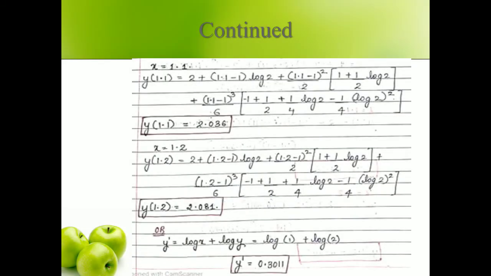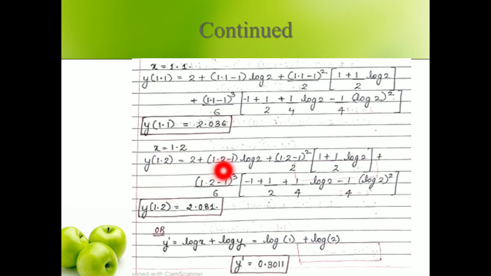Now substituting the value of x as 1.1, because they have told us to find y of 1.1 and y of 1.2. So x equal to 0.1, when we substitute in the above polynomial equation, we get y of 1.1 equal to 2.036. Similarly, substitute your value of x equal to 1.2 in the above equation.